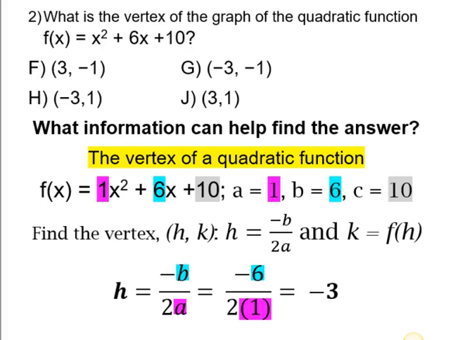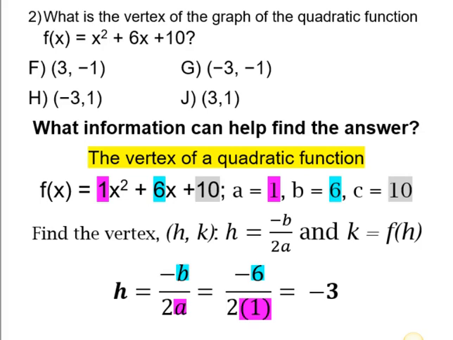So basically, once we find the value of our h, we substitute that value in and we can find our k. Looking at our quadratic function, a is 1, b is 6, and c is 10. So again, our a is equal to 1, our b is equal to 6, and our c is equal to 10.